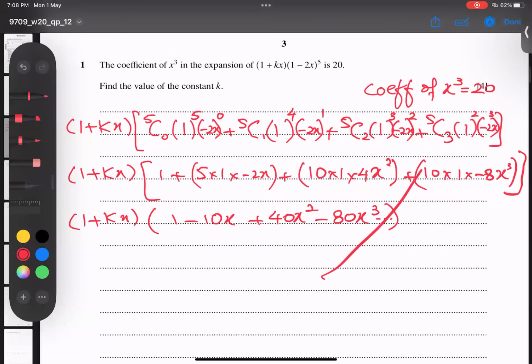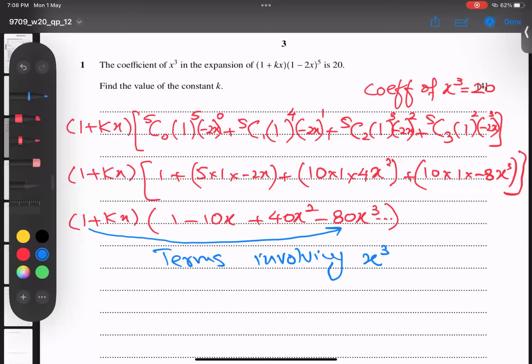And I'm looking for x cube terms, so I will not waste my time just writing here terms involving x to power 3. So naturally, you know it, 1 multiplied by the last term, I will get x to power 3, which is 1 into negative 80.